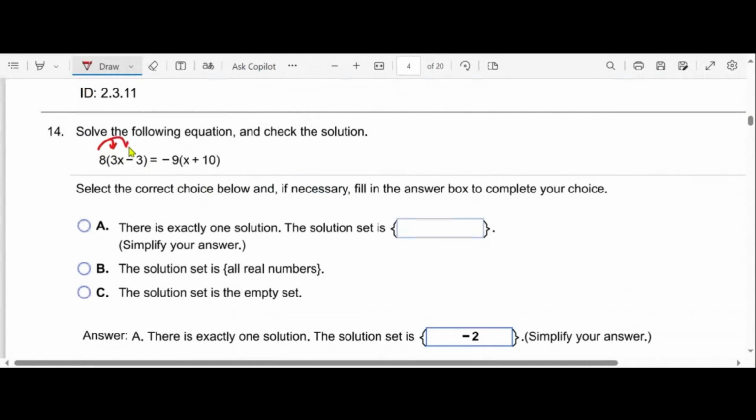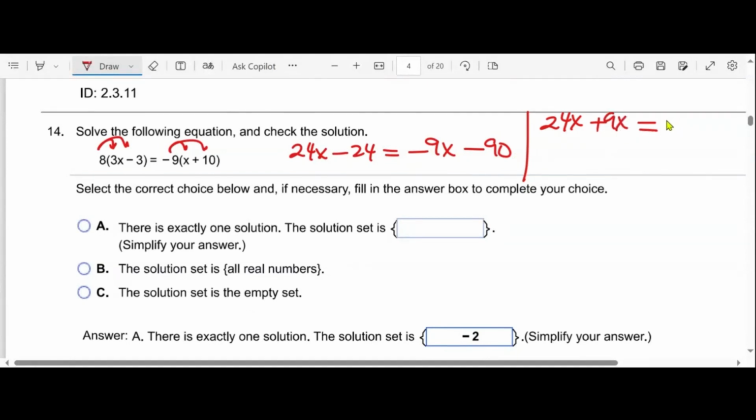Next. Solve the following equation and check the solution. So you get 24x minus 24 equal minus 90. Keep the variable in one side and the constants in the other side.